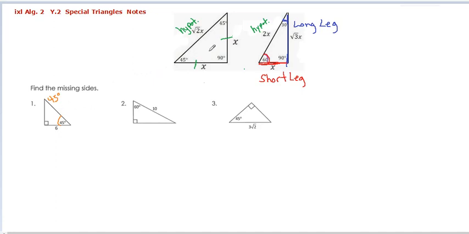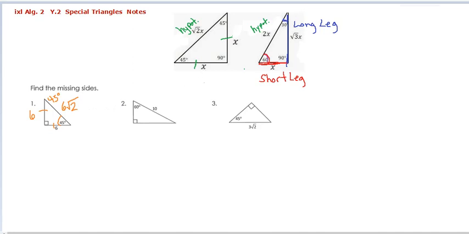We know that if this leg is 6 units long, this one also has to be 6 units long. Now the hypotenuse is going to be whatever the legs are times the square root of 2. So this hypotenuse would be 6 times the square root of 2.